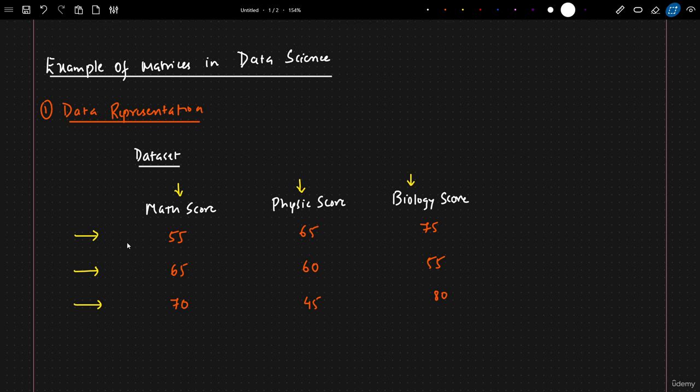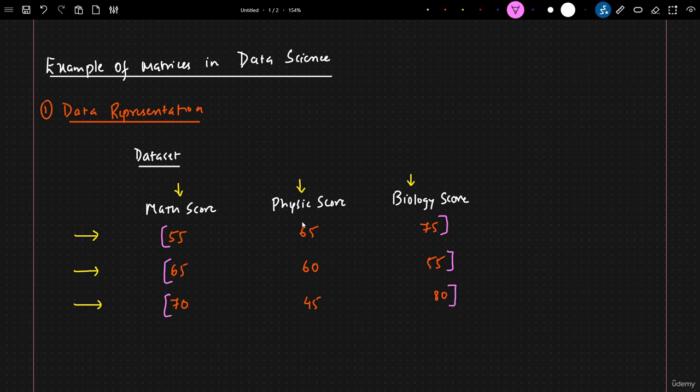Now, how do we use matrices in data science for data representation? So if I want to, let's say, train a model, when I'm training a model, I need not worry about the specific feature names. These features can be anything, but the main thing that I will worry about is these numerical values, right? And everything over here is considered as a vector. So this is my one vector, this is my second vector, this is my third vector, right?